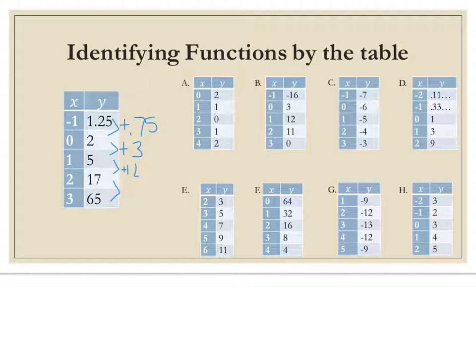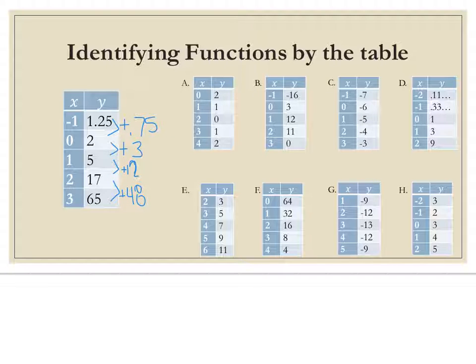And 17 to 65, I'm adding 48. So this isn't linear because I'm not adding the same thing every time. This isn't going to be absolute value because I'm not adding and subtracting the same thing every time. So I just have to tell if it's exponential or if it is quadratic.